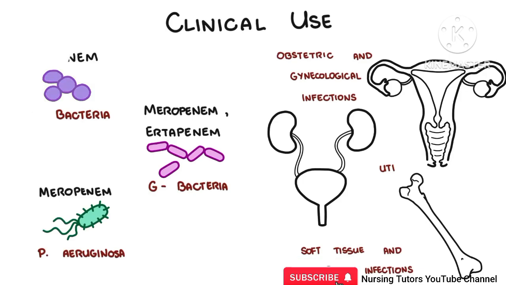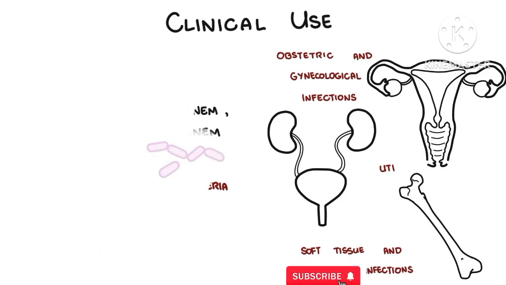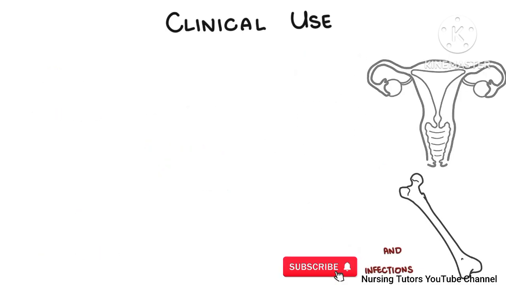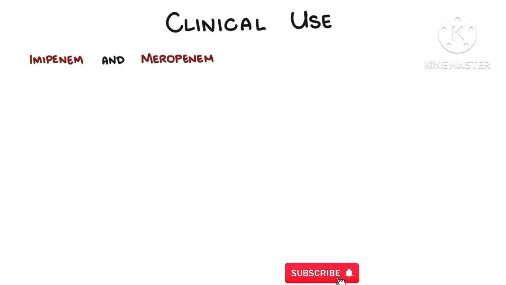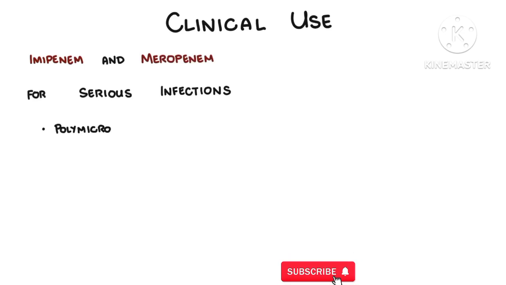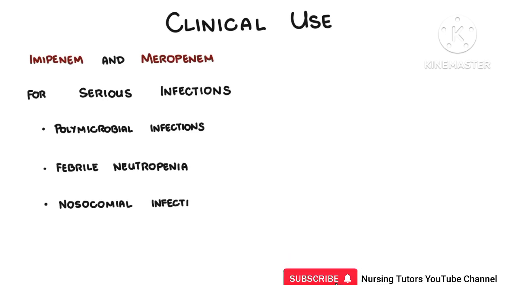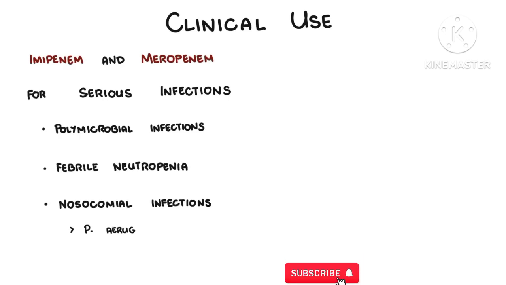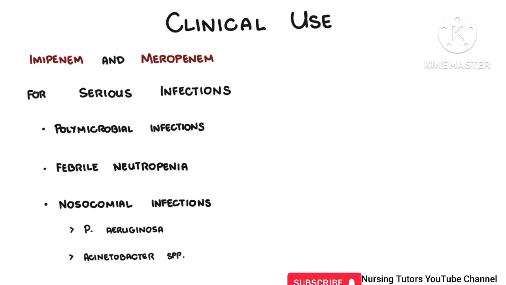For obstetric and gynecological infections, these are the drugs of choice, and they can be used in UTI and soft tissue injuries. Imipenem and meropenem are used for very serious infections, especially polymicrobial infections where you have more than one organism, febrile neutropenia, and nosocomial infections caused by Pseudomonas aeruginosa and Acinetobacter species. You can employ these drugs to help you.